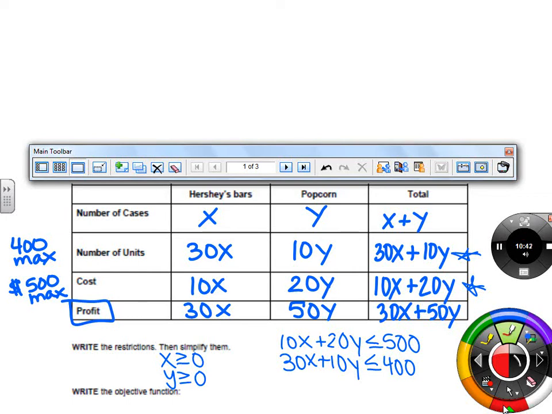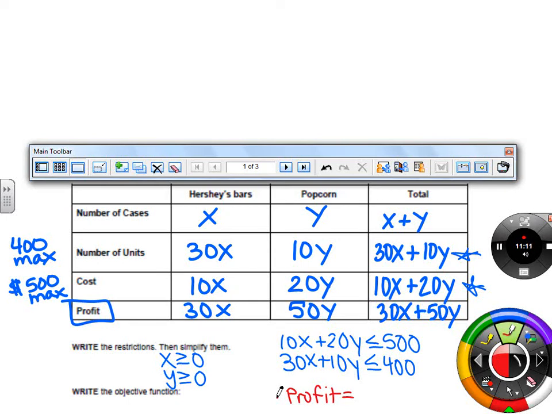Okay, or you could use the notation that we talked about yesterday, that you wrote down in your notes. And how is that profit being calculated? Look at the chart. How are we calculating our profit?